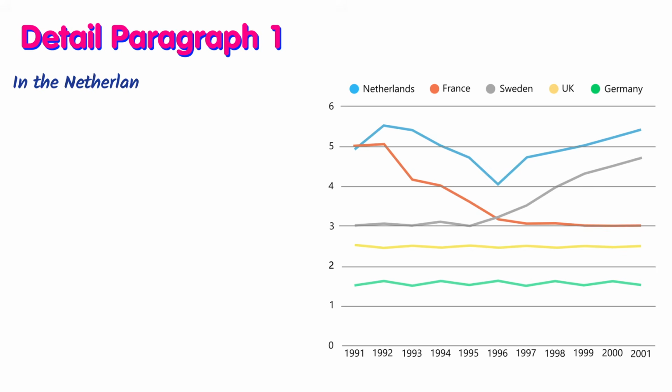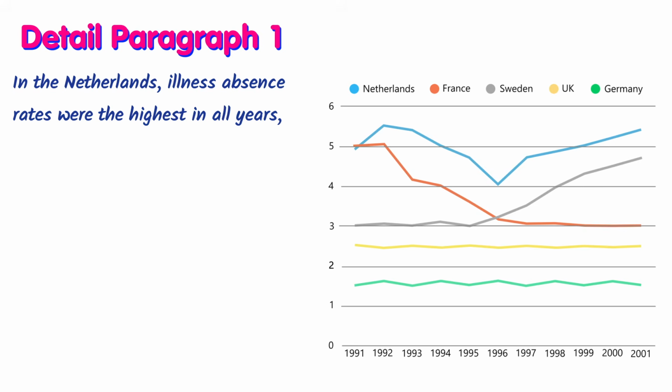In the Netherlands, illness absence rates were the highest in all years. So as you can see, it is the highest. So we should always talk about the highest and the lowest, right?